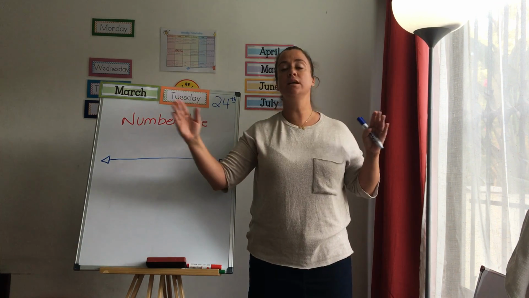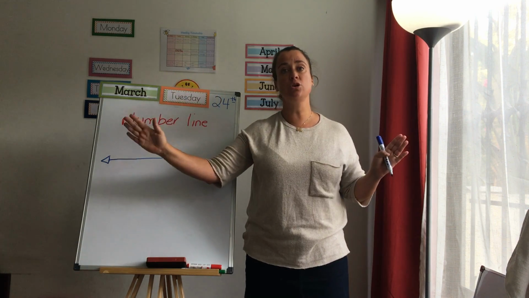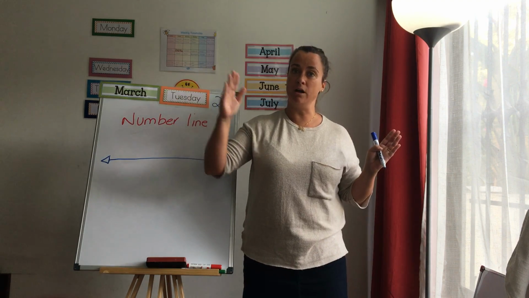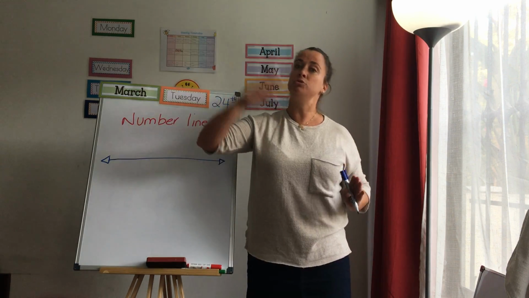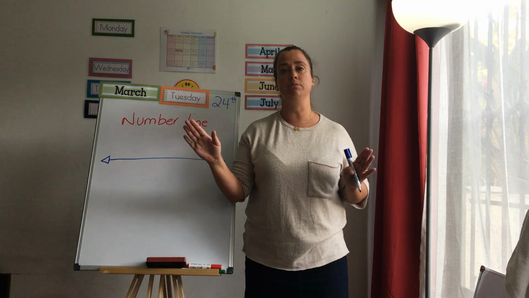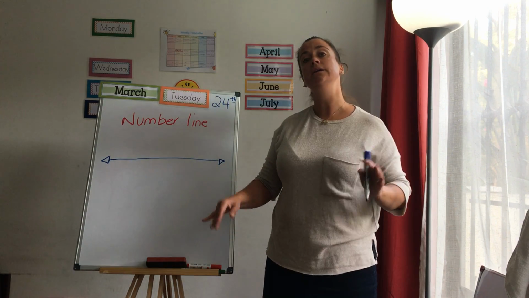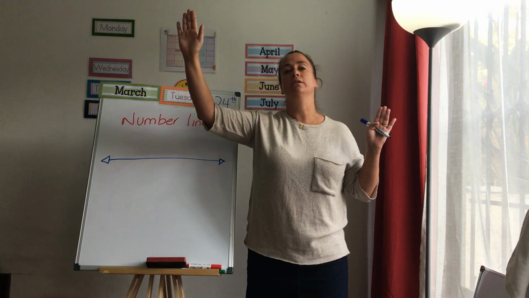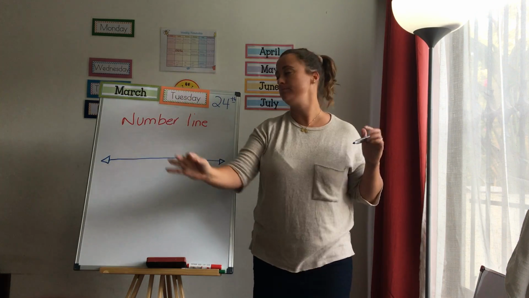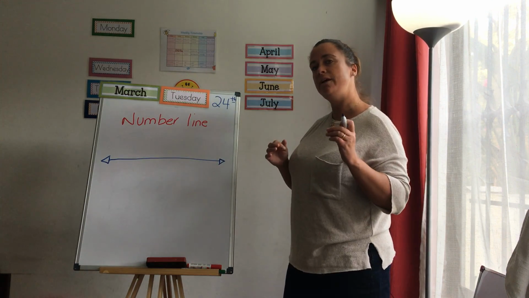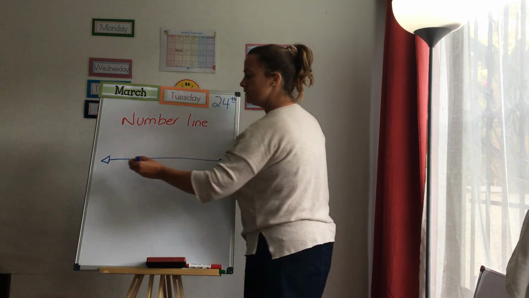We've got infinite numbers. The numbers don't stop. We can cut them in half, we can double them, we can triple them, we can do so many things with numbers. That's why a number line is forever, okay? And it never stops. What if I give you this kind of number line?